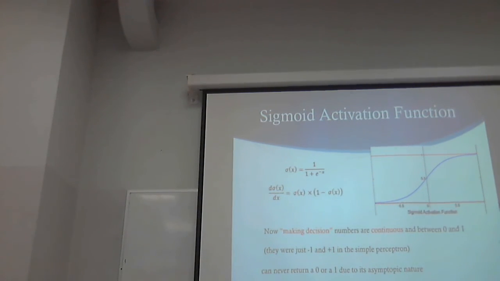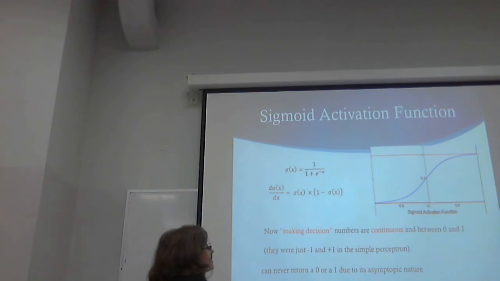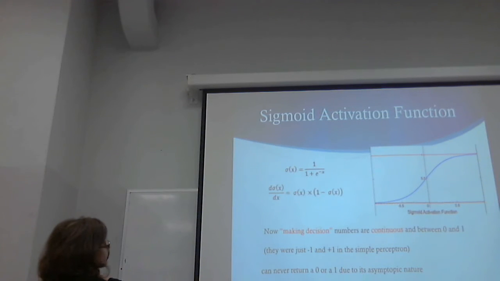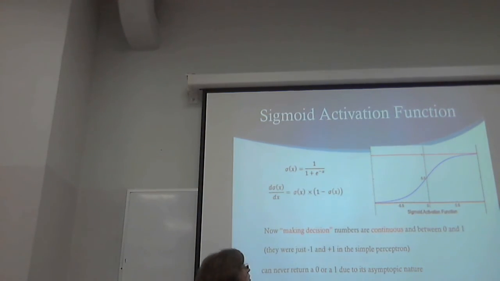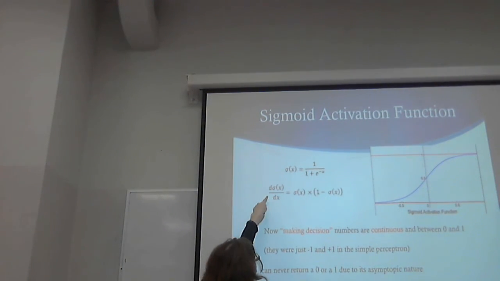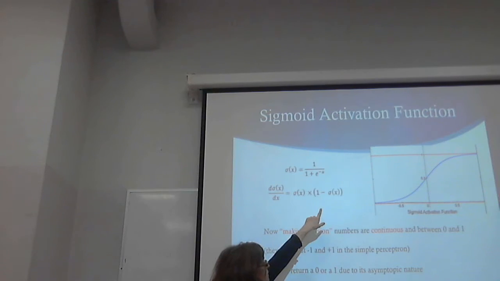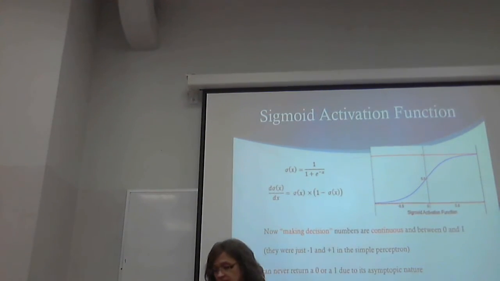But then I can do it with the sigmoid function. The idea to use the sigmoid function again comes from biology, that it's not just plain, right? 1,000 less or above. It's a kind of smooth transition. This function that you see is called the sigmoid activation function, which has an explicit formula. The nice thing about this formula is that you can differentiate it, and the derivative can be written as the function multiplied by one minus the same function.